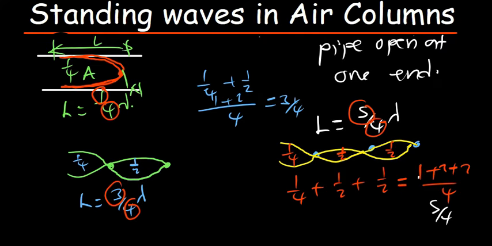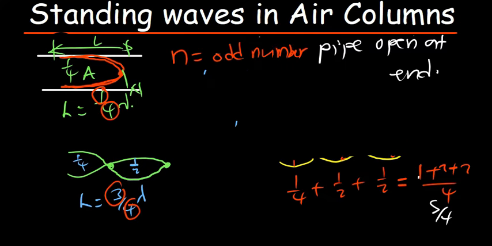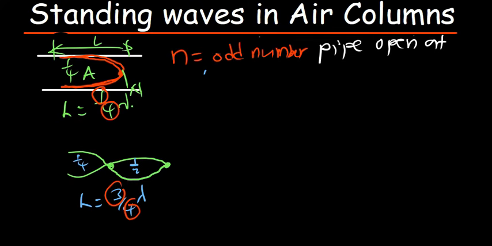So we can conclude that when the pipe is open at just one end, n can only be an odd number. So in this case, we'll only be dealing with the odd frequencies. So n can only be 1, 3, 5, 7.